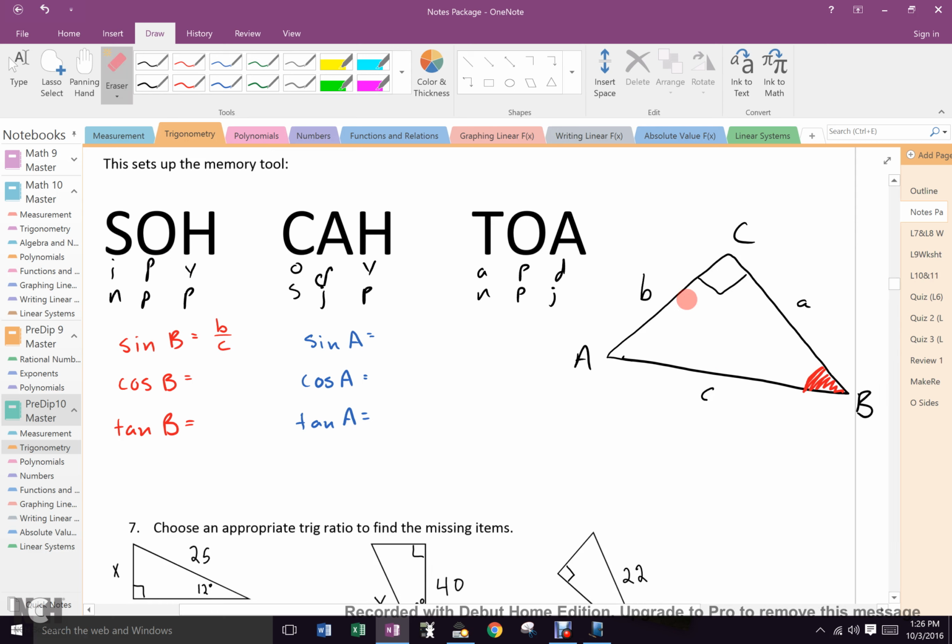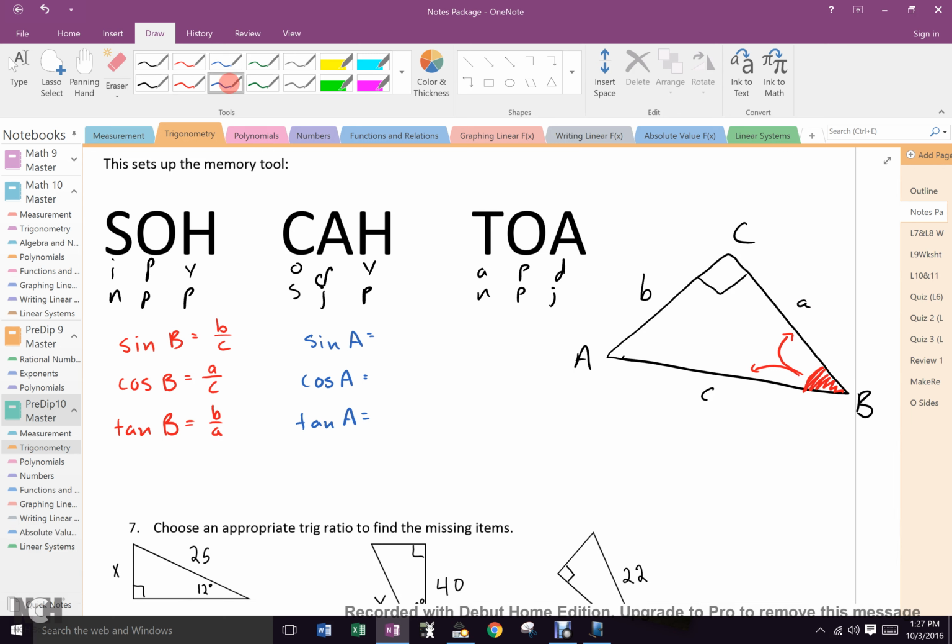So I say to myself, I go to where I care, which is the angle I care about, which is B, and I see adjacent is little a, and hypotenuse, which never changes, is little c. And then you already know tan because it is B over A.